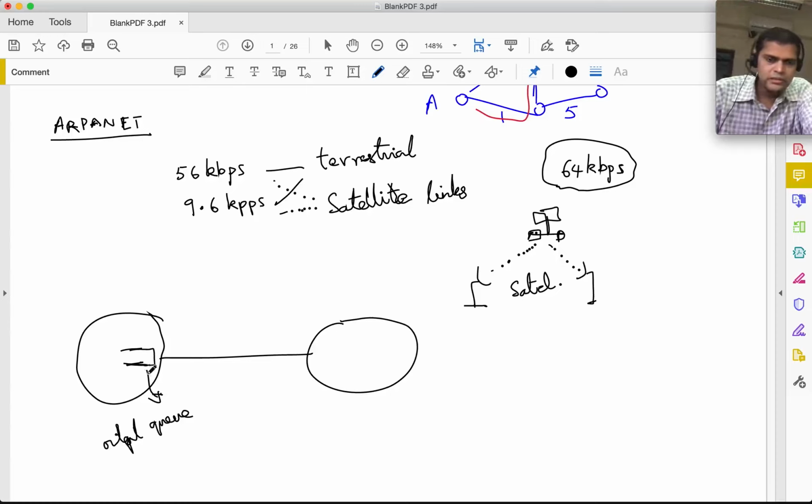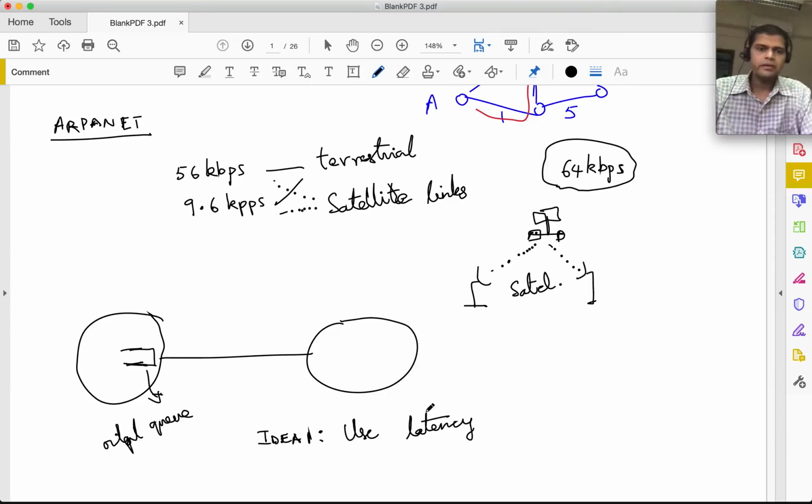So what they said is let's use latency. So this was the first idea. Use latency. So what do I mean by latency here? Suppose this is the size of the queue and I put a packet in here.